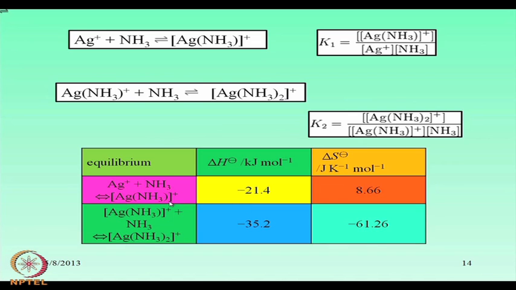So, for the formation of the silver amine complex with a coordination number of 2, we will find that the enthalpy contributions are favored. That means in both these cases, since the steric crowding is not much, they are favored for the enthalpy contribution, and the entropy contribution is mostly favored in the second step, not in the first step, due to the formation of the silver amine complex with a coordination number of 2.